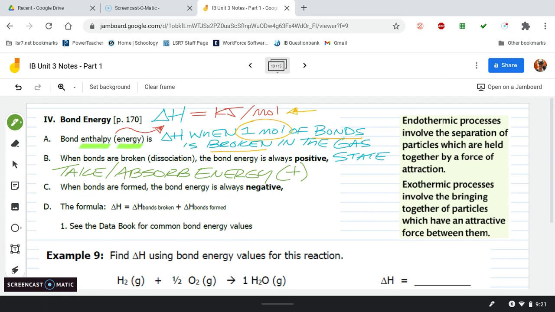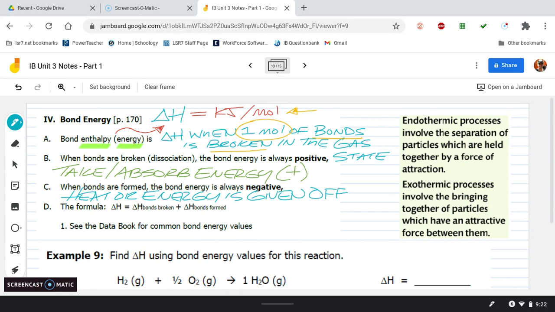Now, when we make new chemicals, then usually for that to happen, they're going to be more stable. They have extra energy, and so you're going to get a negative delta H because heat is going to be given off. So heat or energy is given off, or I guess you could say released, but either way, some heat is coming out.